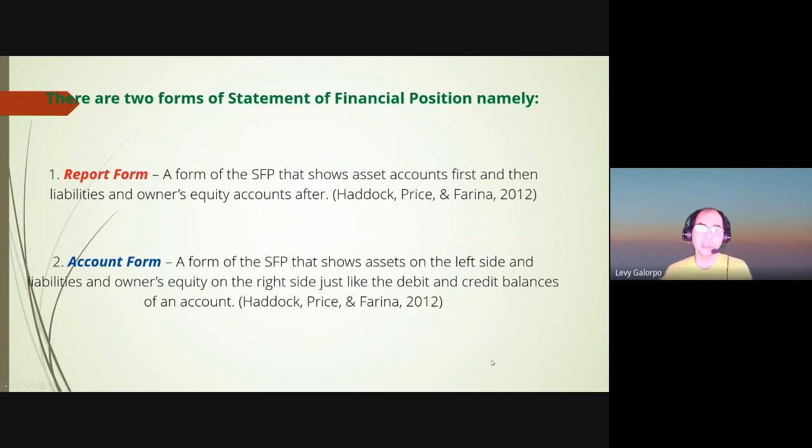Sa account form naman ay makikita natin dito the assets are on the left side and the liabilities and the owner's equity are on the other side or on the right side. You know, like the debit and credit balances of an account.